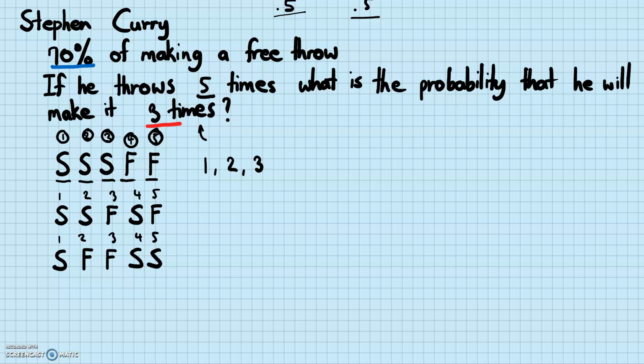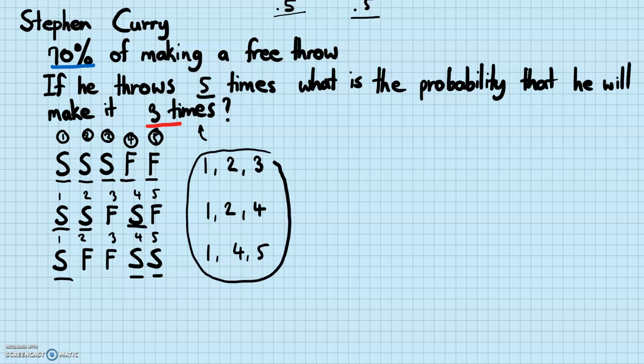In the second case, I've chosen 1, 2, and 4. In the third case, I've chosen 1, 4, and 5. And this is actually just picking 3 numbers from a group of 5 numbers, or picking 3 spots from a group of 5 possible spots.